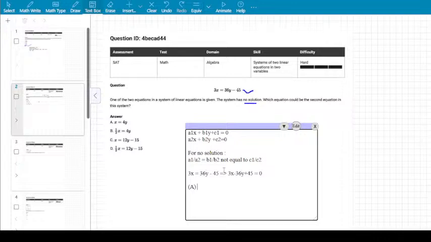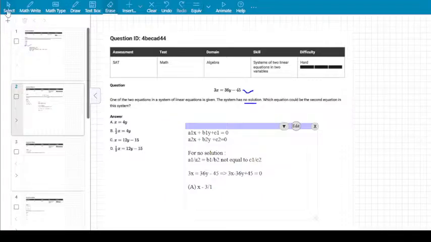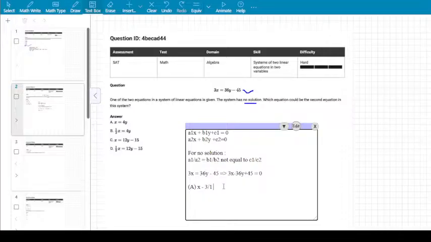we'll find out the ratio of the coefficients of x and y. So for x, it will be 3 by 1, the x coefficients. Here we have 3 as a coefficient and here we have 1 as a coefficient, x equal to 4y. For x we have 3, the ratio is 3.